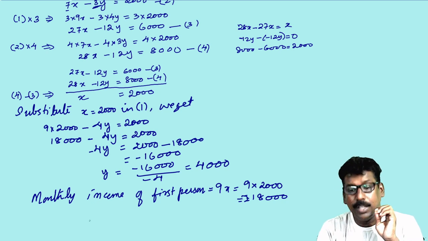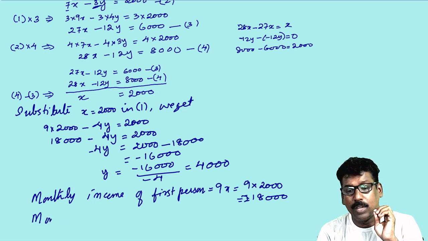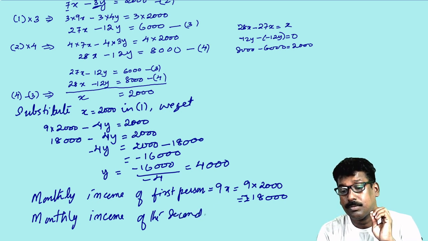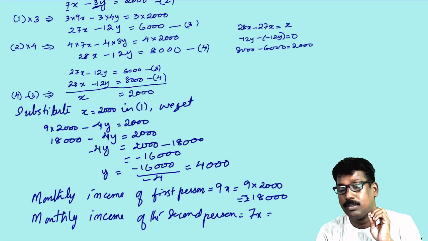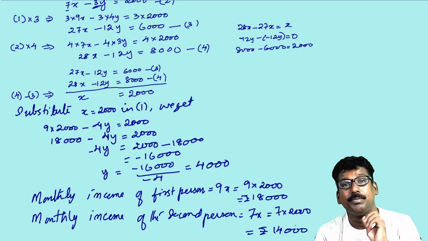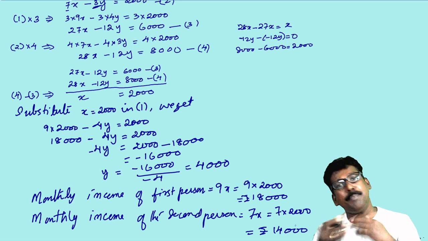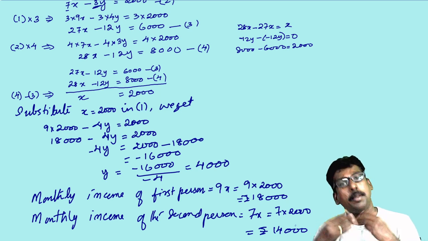Now monthly income of the second person is 7x, which is equal to 7 into 2000, which is equal to rupees 14,000.